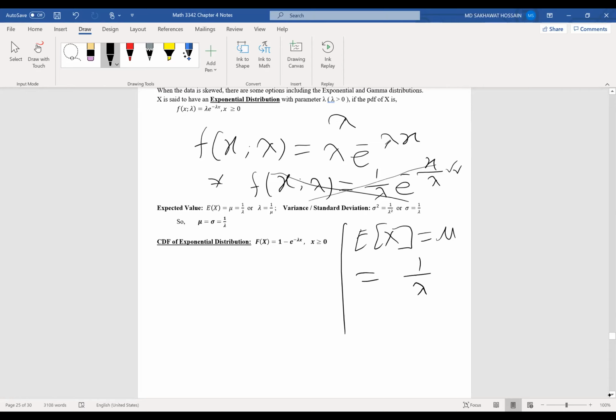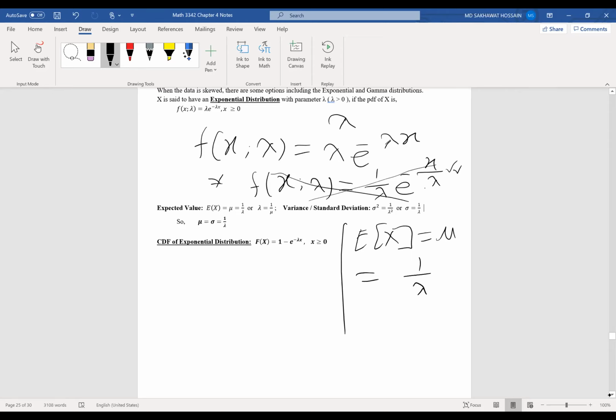But since we are using the first one, the mean will be 1 over lambda. So you have to be very careful when finding the mean of the exponential distribution, because which PDF function you are using is very important.